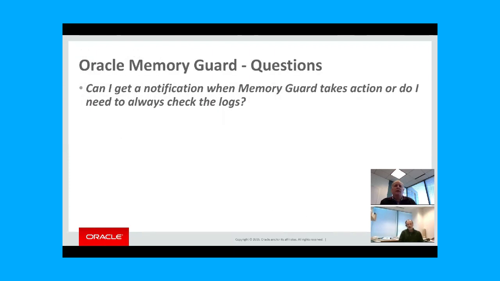Okay. So when this happens, can I get notifications when memory guard takes the actions, or do I need to always check the logs? No, cluster events are actually created at the same time as the log entries are made.